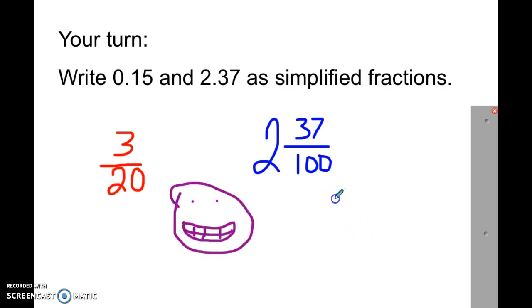If you didn't get them right, put an X. Go back, try again, see if you just forgot to simplify, or see if you need to go back and look at the last example. Once you figure out where your mistake or mistakes were made, and you get the correct answer, put a circle around your X.